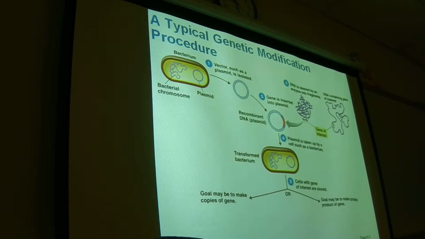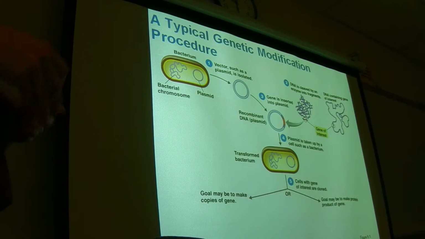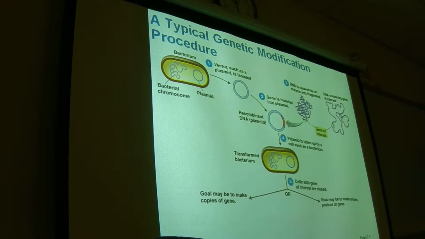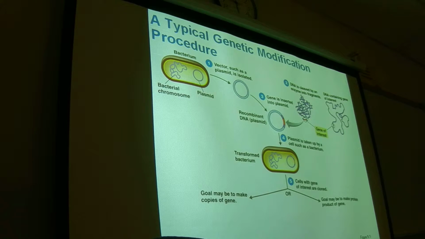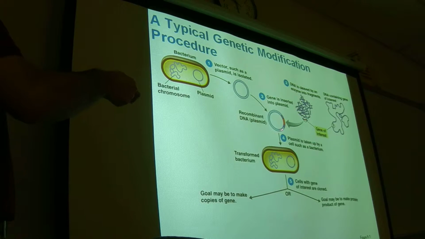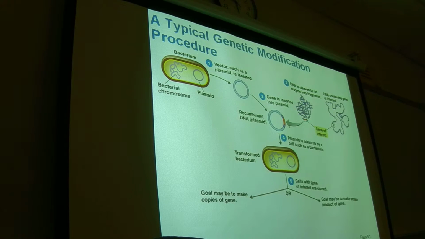So here's a typical procedure. Usually when we talk about vectors, we're talking about plasmids, which are small circular self-replicating DNAs that are either man-made, or they can be isolated from bacteria. Typically the ones we use in lab are man-made because they have all the characteristics that we need. So you take one of these plasmids, and then you take a gene from any organism. Again, let's say you want to make insulin from human. So you take the human genome, you isolate the gene that makes insulin, you splice out that gene, and you paste it into this plasmid.